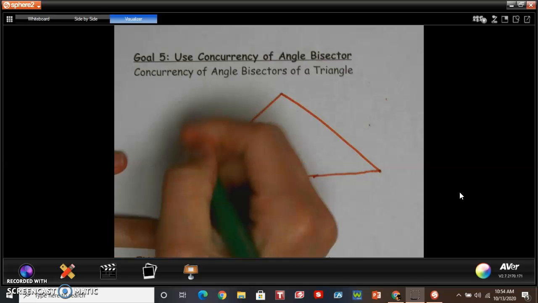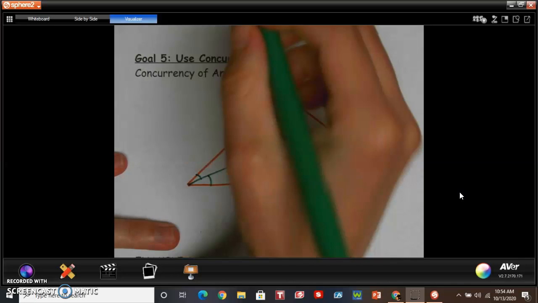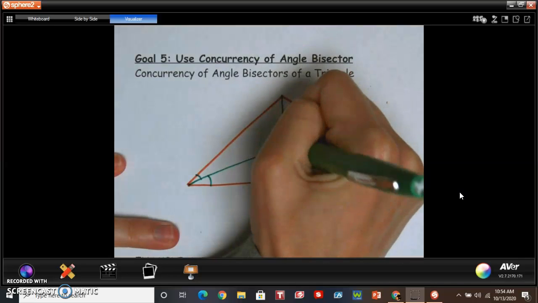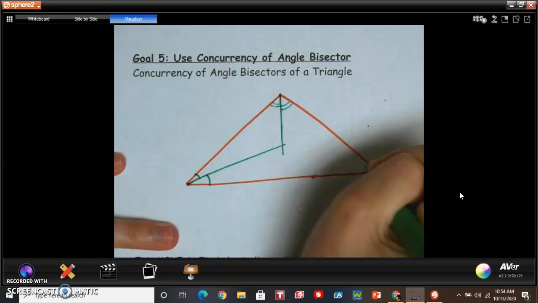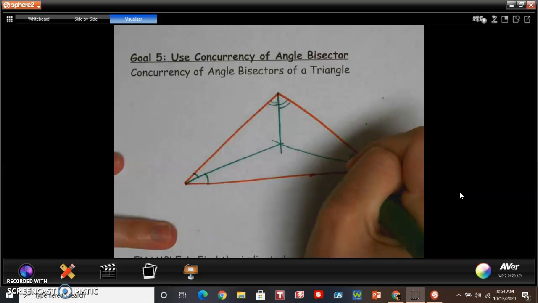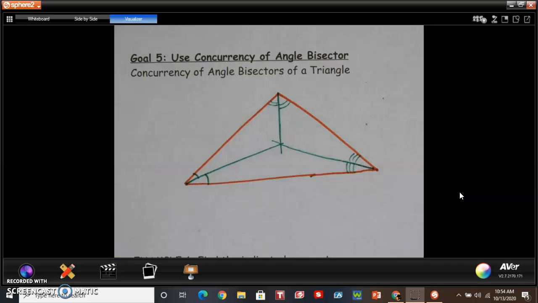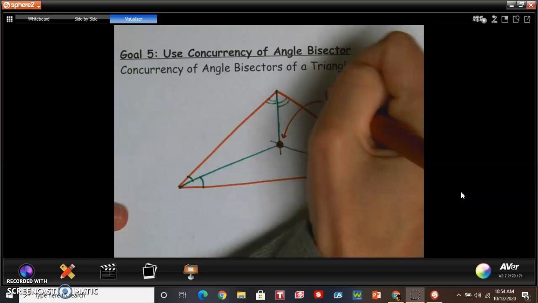So let's say we have this right here. Here's an angle bisector. We have this right here. There's an angle bisector. And we have this right here. There's an angle bisector. Where they all intersect, this one point right here, is called our incenter.